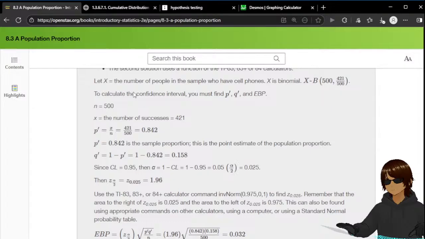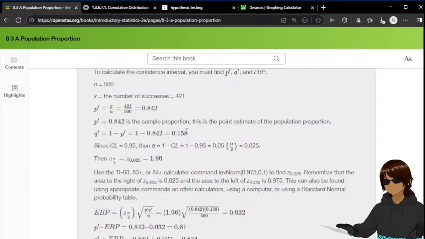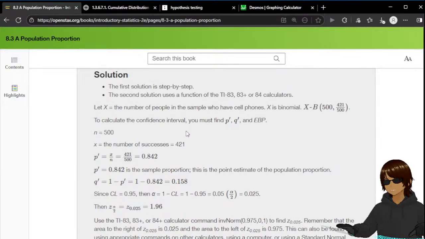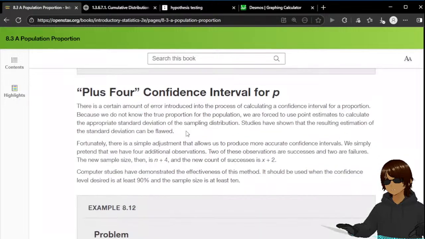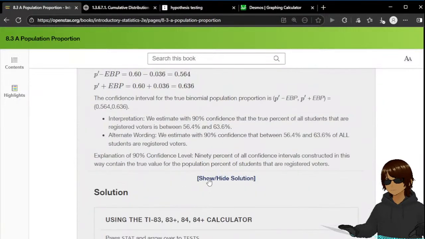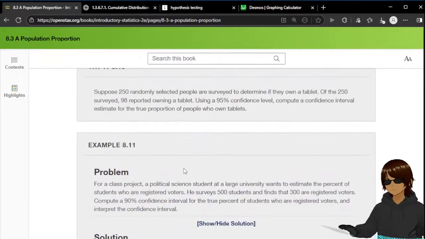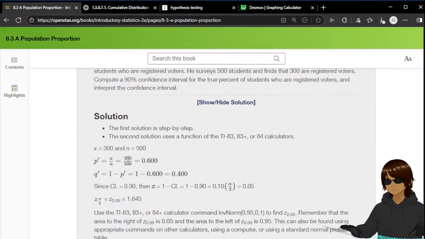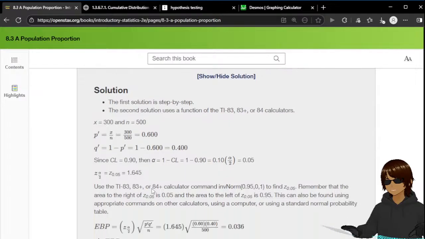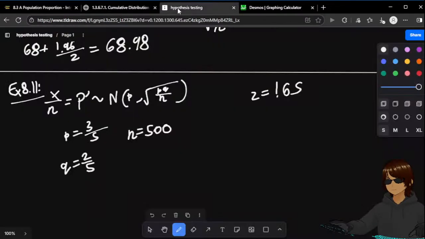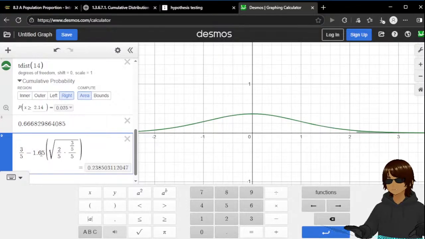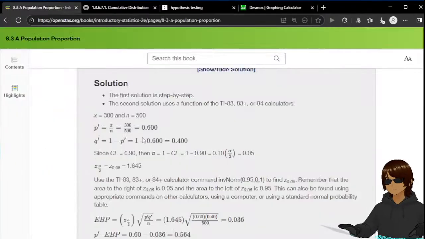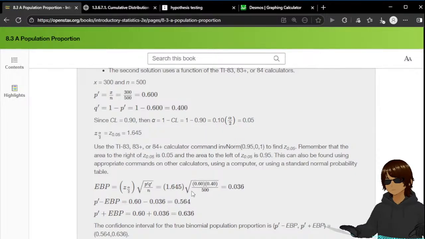P is x over n. Okay, let's see what they did. 3 over 5, 2 over 5, 1.645. Okay, it's 1.645 root.